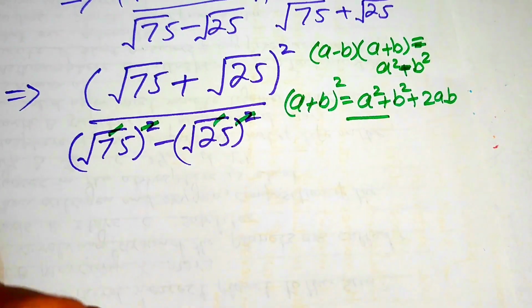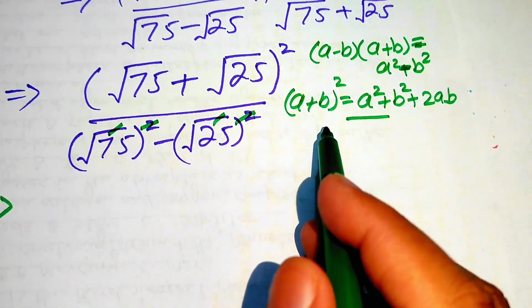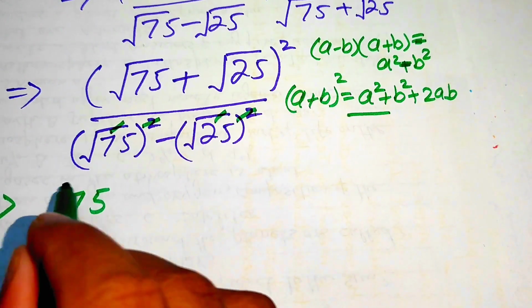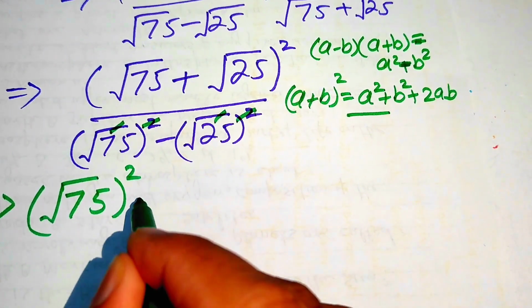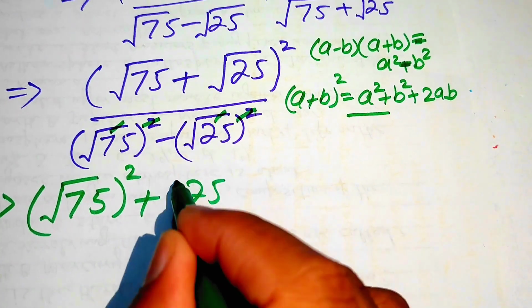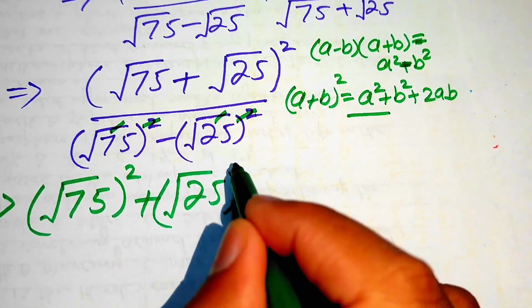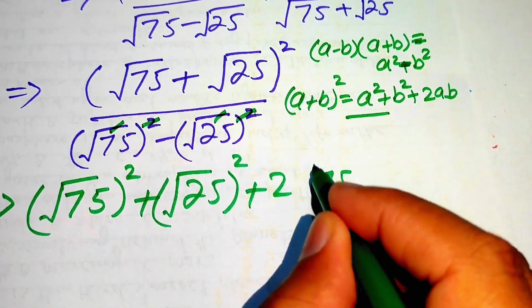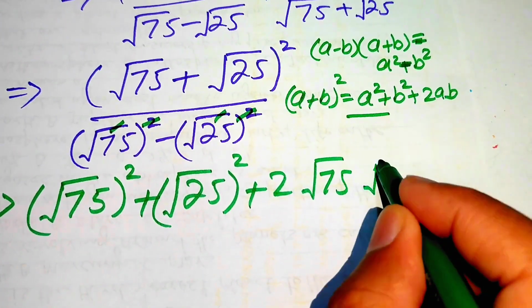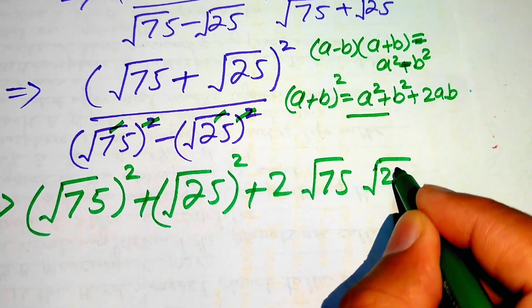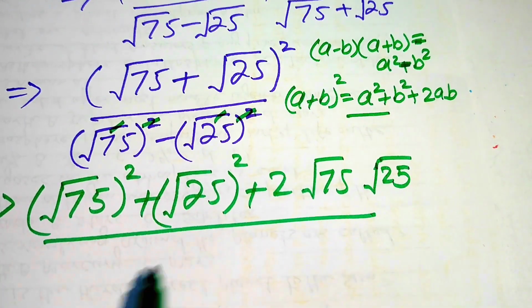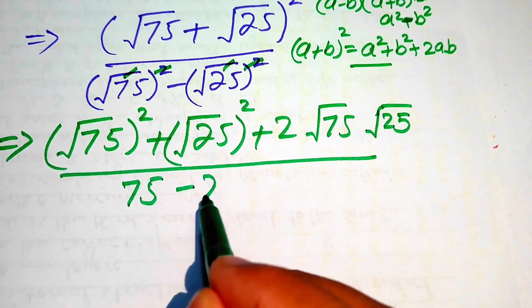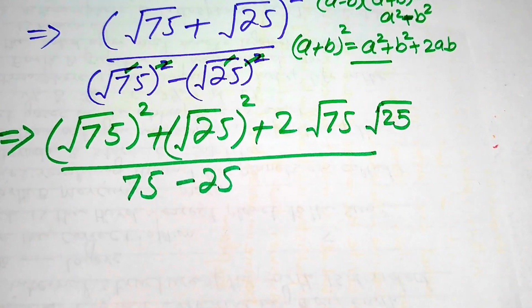So the above term will be written as (√75) whole squared plus (√25) whole squared plus 2 times √75 multiplied by √25, and this whole divided by 75 minus 25.